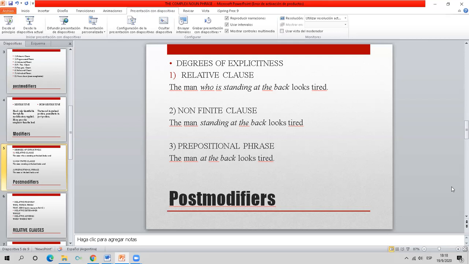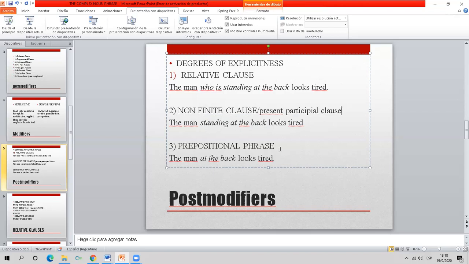Who is standing at the back is a restrictive relative clause. But I could also say, the man standing at the back. In that case, this is a non-finite clause, a present participial clause.